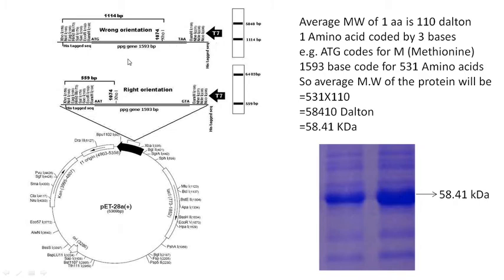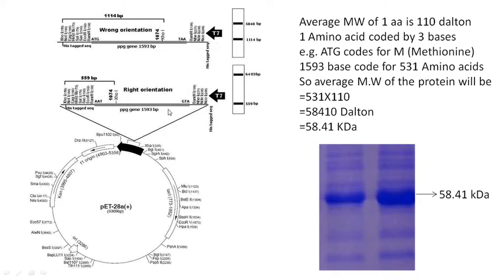On the other hand, when the gene of interest is cloned in the right orientation, the start codon is near the promoter region, so your gene will express continuously, and it will terminate at the termination codon.